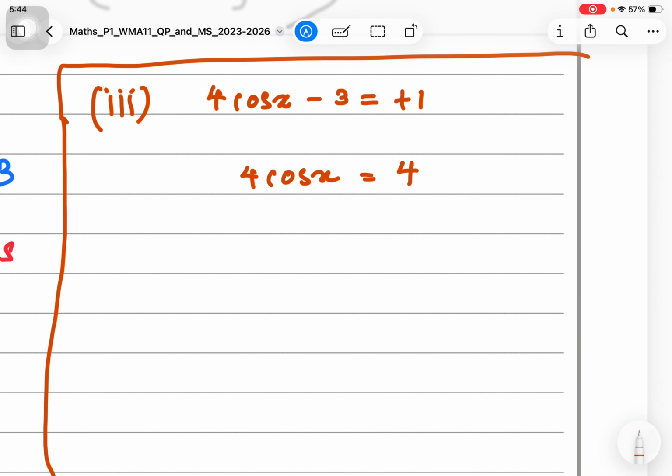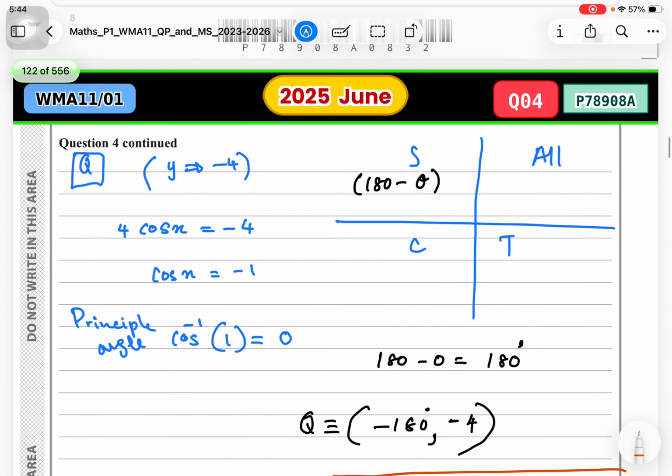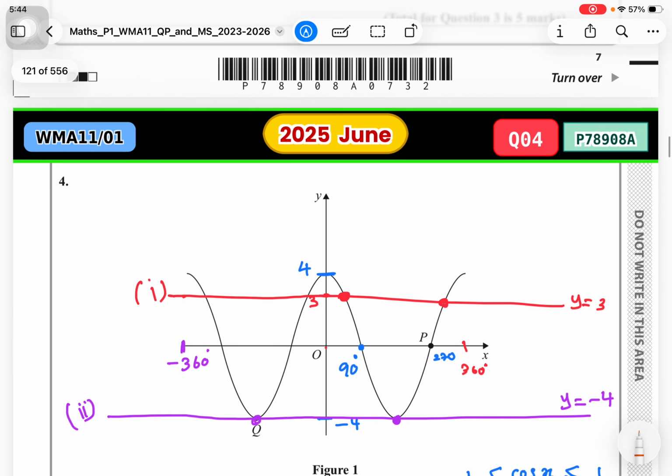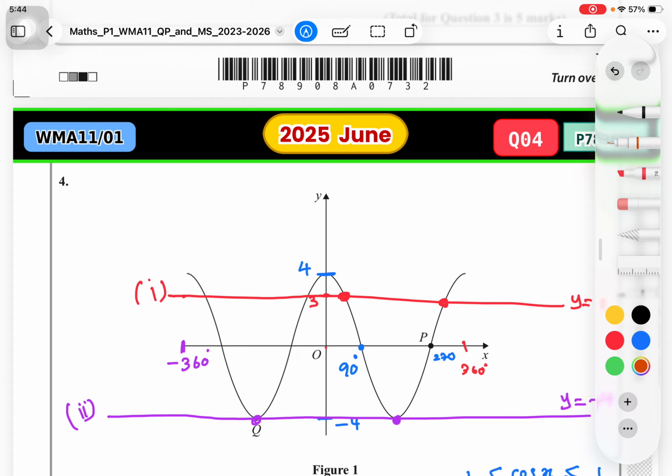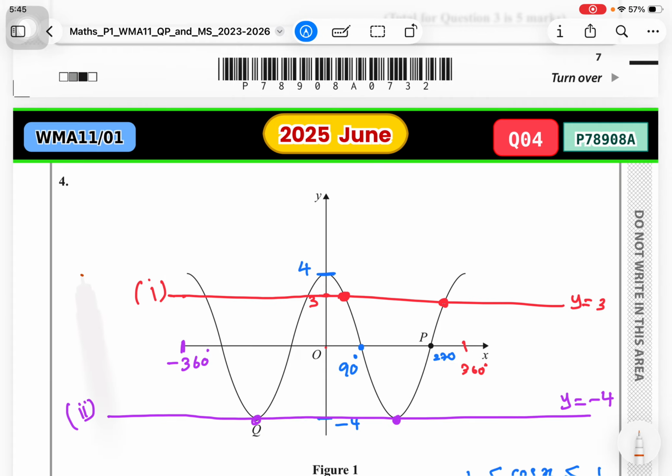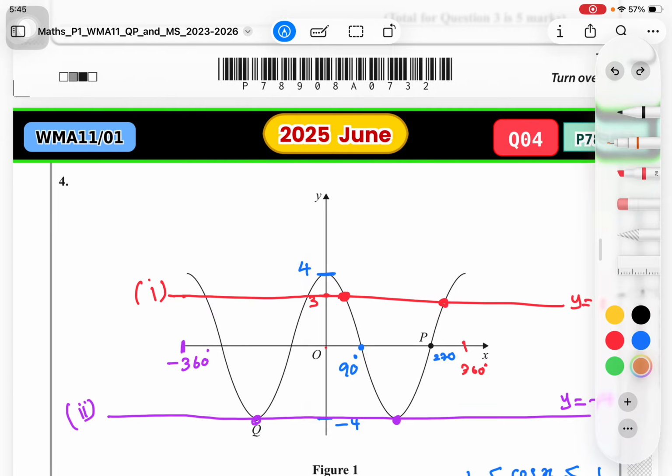So similarly, if we come back to the question, the positive 4 is this. For the positive 4, they're quite similar, so I'll change up the color a little bit.